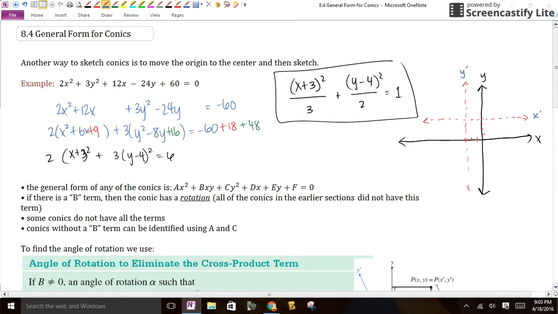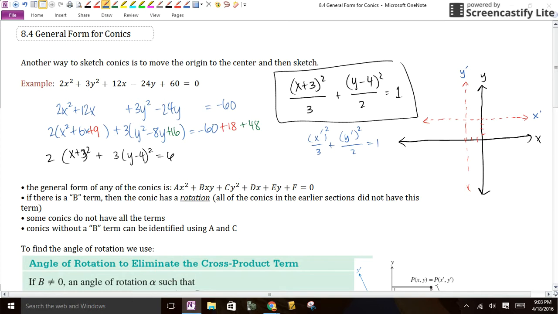And now you don't have to worry about it. You can say that it's x prime squared over 3, plus y prime squared over 2 equals 1. And what that'll do is then you don't have to worry about the transformation anymore. You can just do it off that new set of axes.